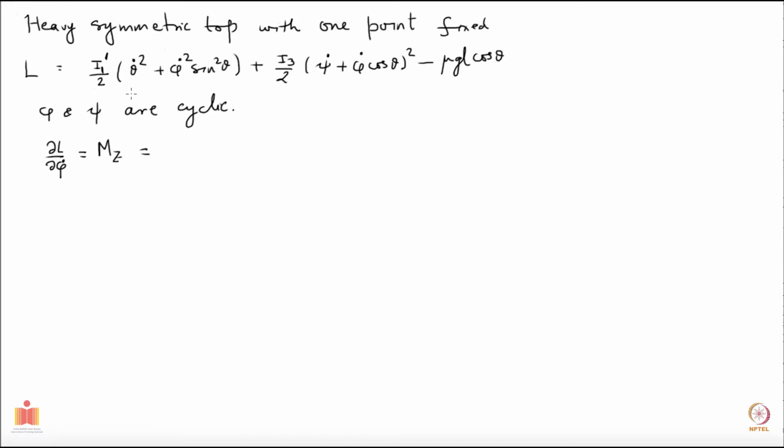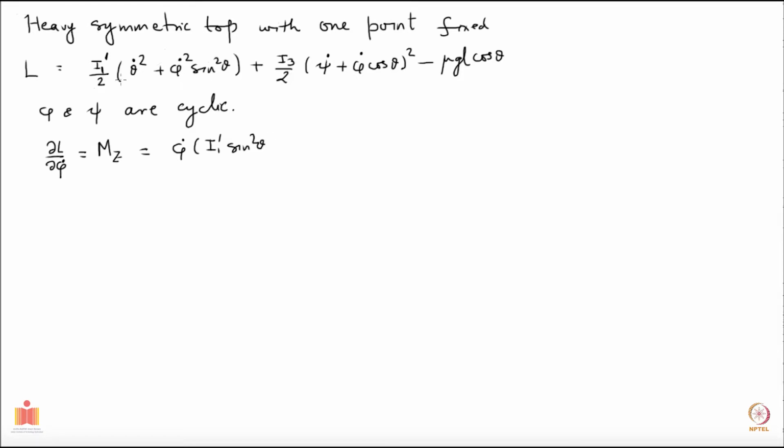Del L over del phi dot. So this term will contribute and this term will contribute. So if I take the derivatives, I get this phi dot I1 prime sine square theta. That's the contribution from here.